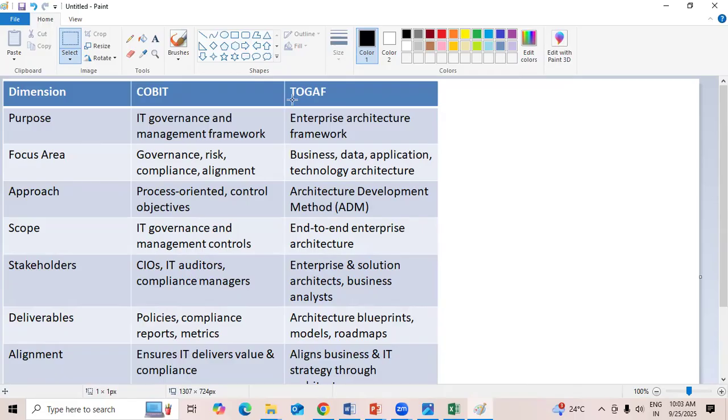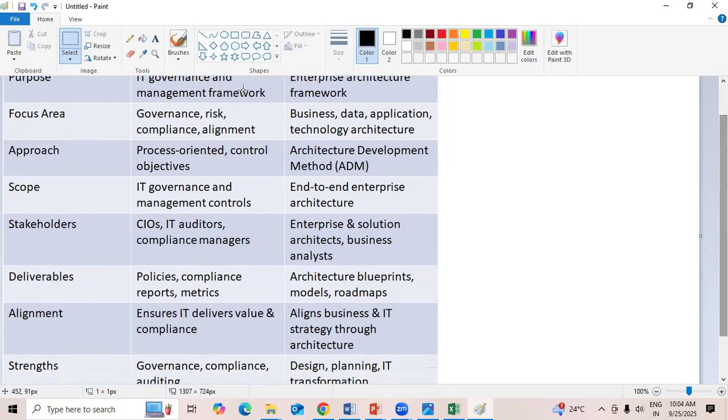As far as the stakeholders are concerned, in COBIT the stakeholders are the IT auditing team, the compliance management team, CIOs, all these people. When it comes to TOGAF, the business analyst team, solution architects, enterprise architects, all these people are stakeholders.